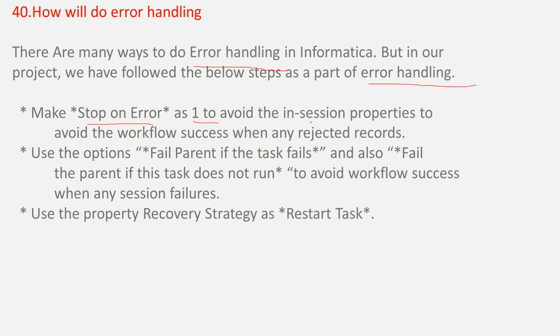In session properties, to avoid workflow success when there are rejected records, use the options fail parent if this task fails, and fail parent if this task does not run, to avoid workflow success when any session fails. Use the recovery strategy as restart task. By using these, we can handle the errors.